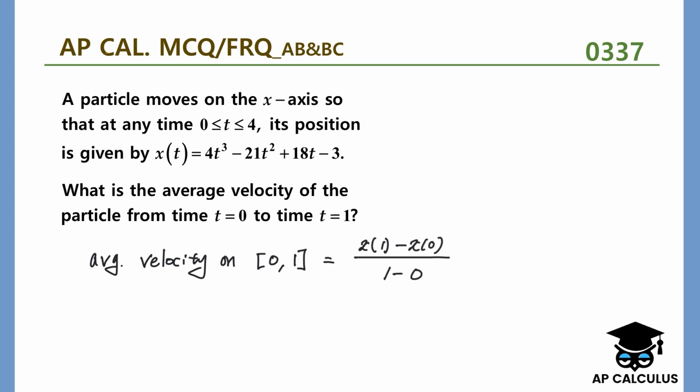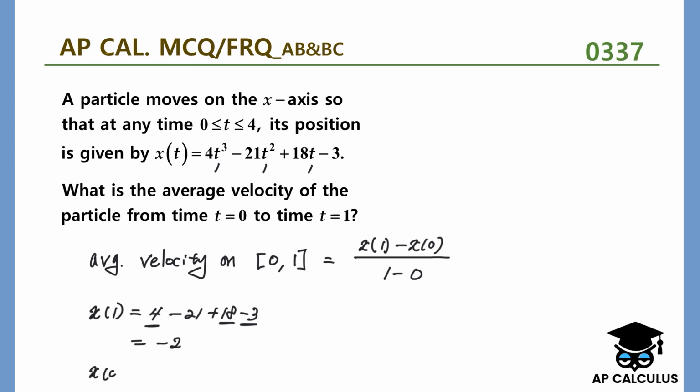So what's x of 1? x of 1 is equal to 4 minus 21 plus 18 minus 3. Substitute 1 for t, right? So that's going to be equal to 4 minus 3, that's 1. 1 plus 18, 19. So negative 21 plus 19, that's minus 2.